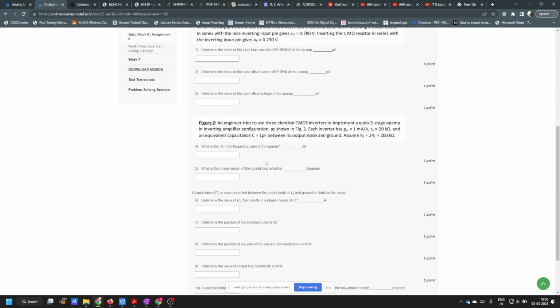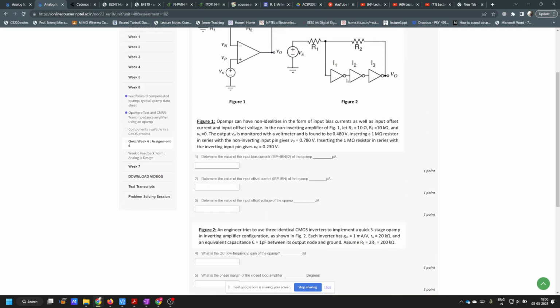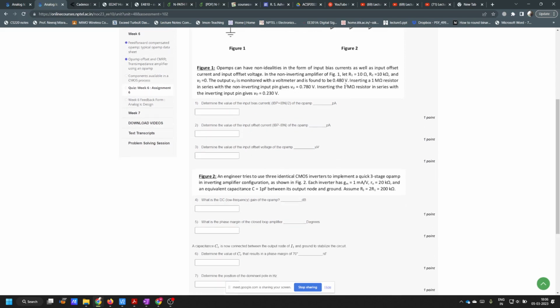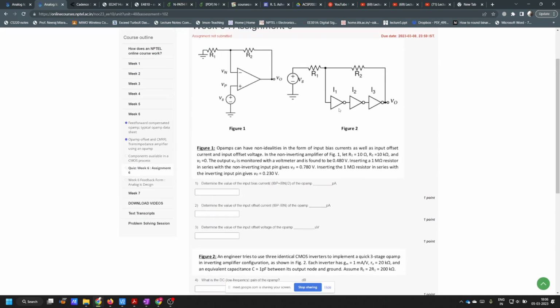Yes, sir. Those three poles have to be found out again because you have added an extra capacitor here, a capacitor of 1 picofarad. But I don't think this capacitor will change the location of the other two poles. It will only change the location of the first pole, because this is not a Miller compensation. This is only a dominant pole compensation.